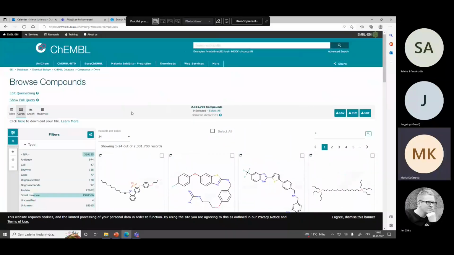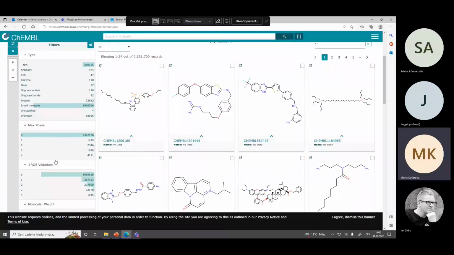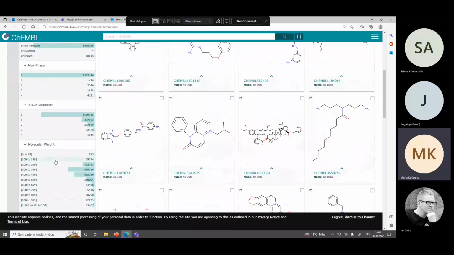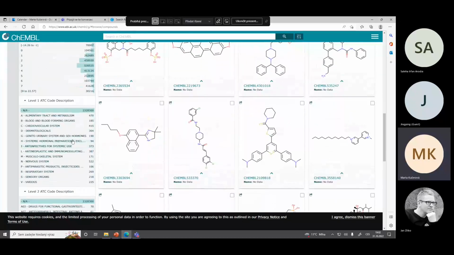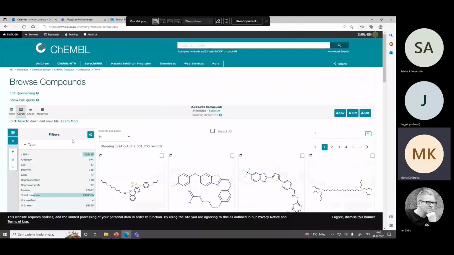And it is very, very interactive, because on the left side, in the left-hand column, you can filter from the whole amount of the compounds based, for example, on Lipinski rule of 5 violation, molecular weight, logP, and so on. So this is ChEMBL database.